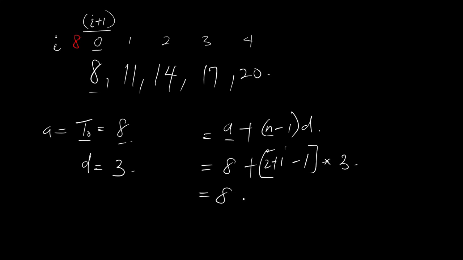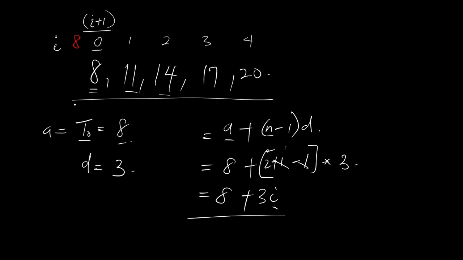So you have 8 plus, this will cancel out this, you have 3i. So that means if you put i equal to 0 here, this will be 8. If you put i equal to 1, this will be 11. i equal to 2, this will be 14. i equal to 3, which is 9 plus 8, is 17. So this is the formula we're going to use.